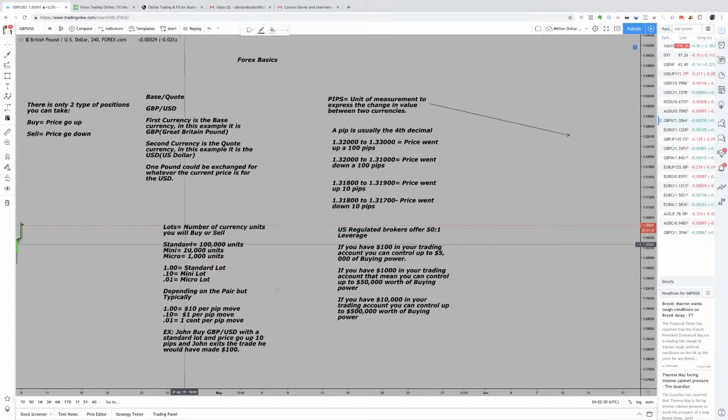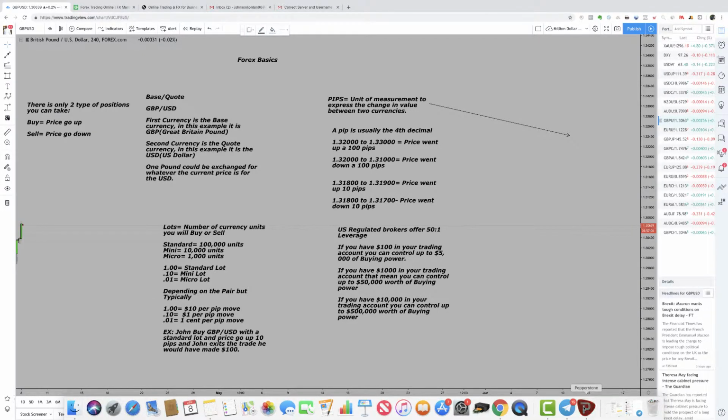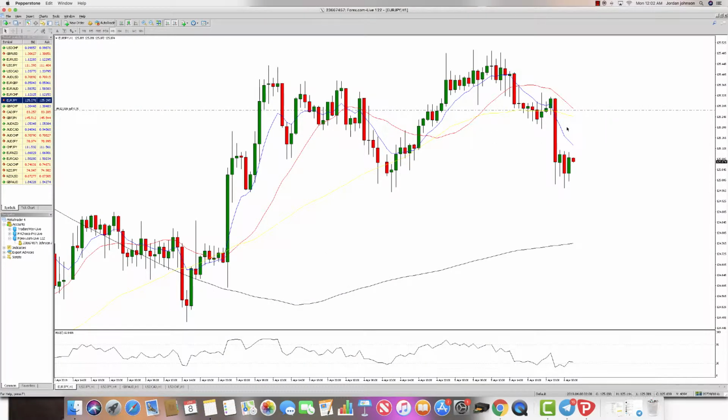If a standard is 100,000 units, a mini is 10,000 units. So what is a standard, you all? A standard is 1.00. A mini lot is 0.10. And I sold with a 0.75. So it's not quite a standard lot, more than a mini lot. It is 75,000 units, and it pays out approximately $7.50 per pip.